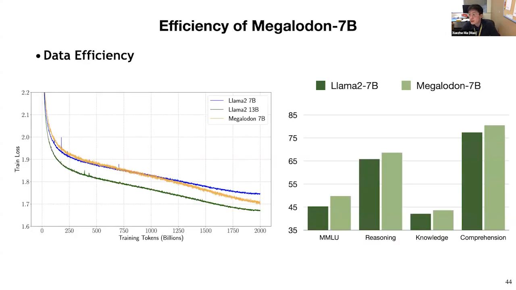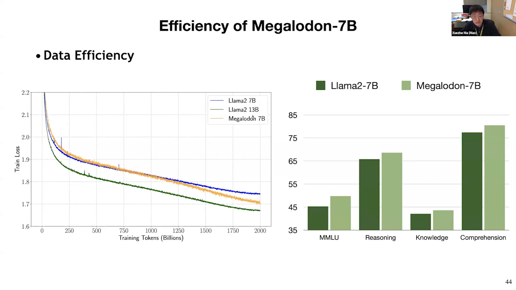And here is the performance. For this figure, it is the training loss with the same number of training tokens. We see that Megalodon achieves much better training perplexity, especially at the end of training with 2 trillion tokens. Megalodon's training loss is 1.7 and Llama 2 is 1.75.